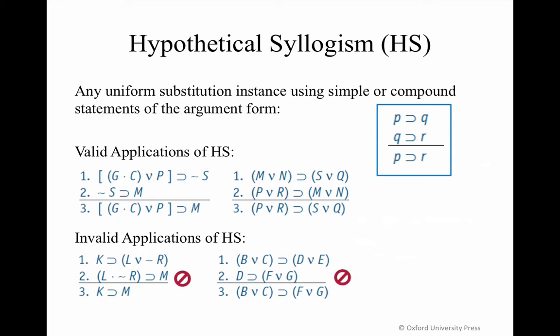Once again, take a moment to look at each of the valid applications, which is another way of saying look at how this rule can be manifested in rather complicated statements. And then see if you can determine how there are invalid applications below.